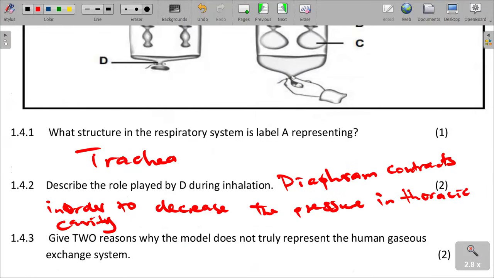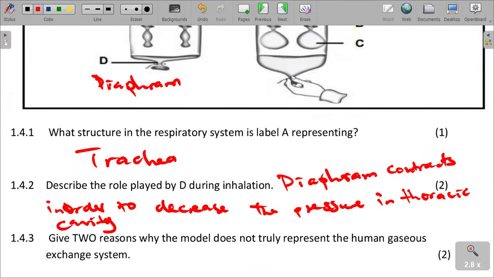I'm sure you can remember that last time we talked about this question. The diaphragm has to cause the increase or decrease of volume during gaseous exchange.